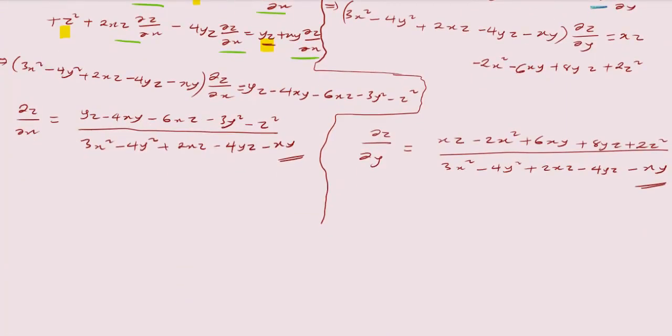So remove this plus and put minus 6xy, so that at the end of the day, in my final answer, we will have minus 6xy, and that's all. Let us go to the next question.